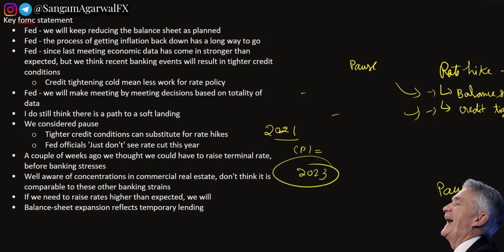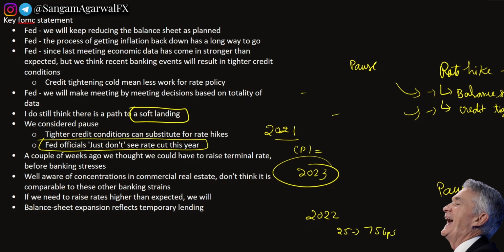This year, 2023, if soft landing is one thing, then another thing is he said they don't see a rate cut this year. This is the same thing. They hiked interest rates in 2022, starting with 25 basis points and going up to 75 basis points.